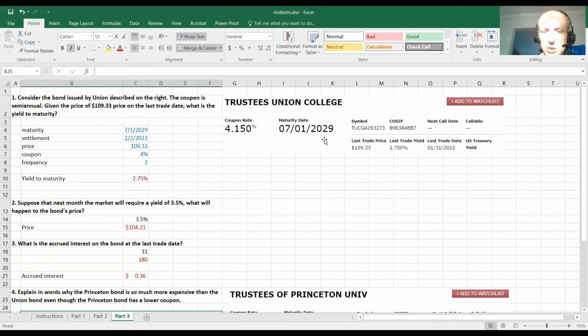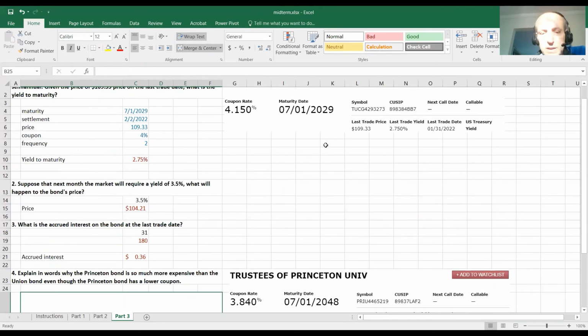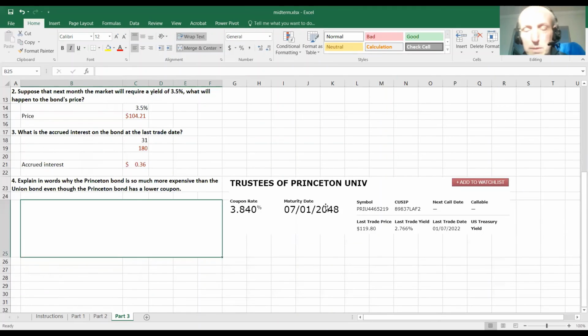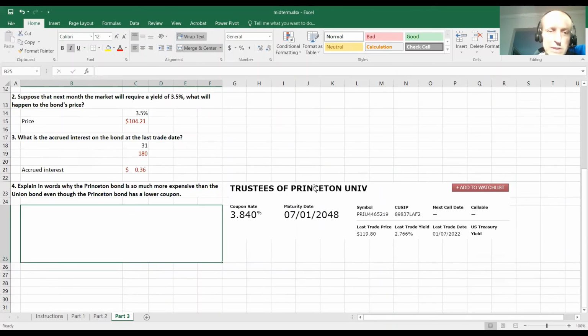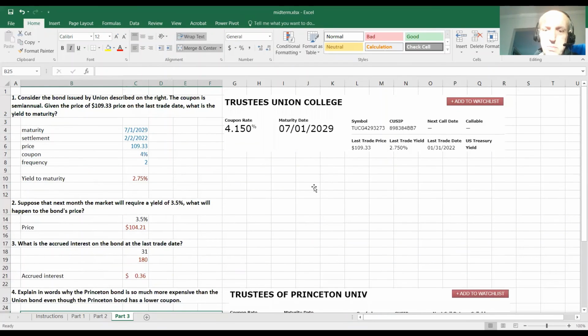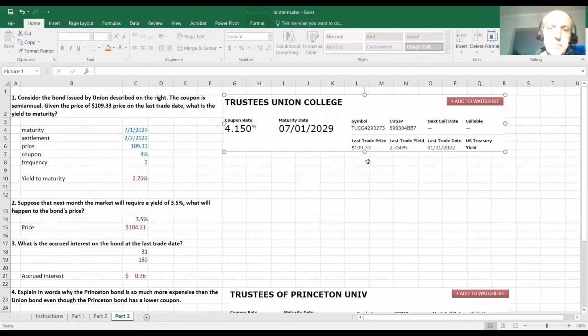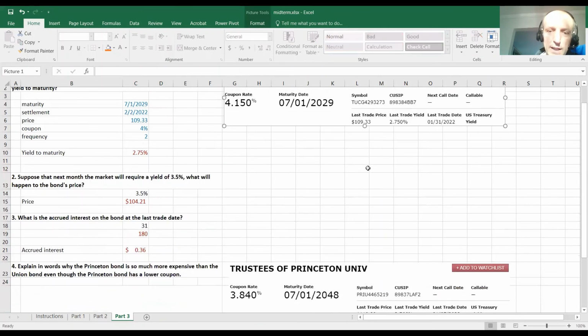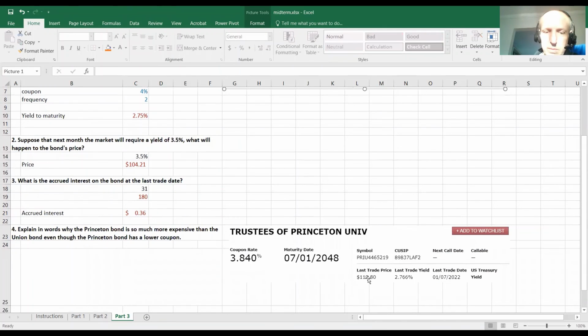The Union bond matures in, 7 years? The Princeton bond matures in 20 years, 26 years. And so both bonds are selling at a premium. Right? We see that the price is 109 here, and for the Princeton bond, the price is 119.